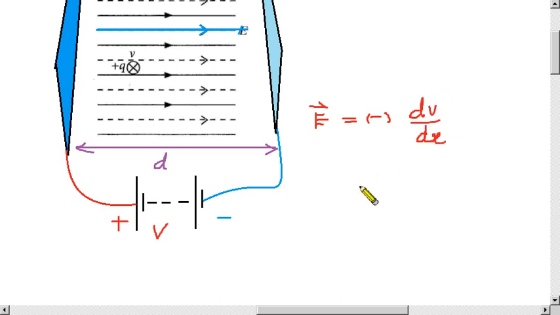So you can forget the negative sign, just V divided by D. X is D here. So field intensity is that value.